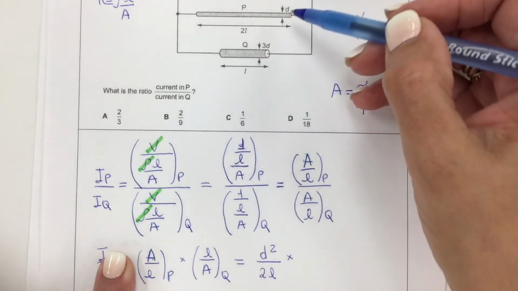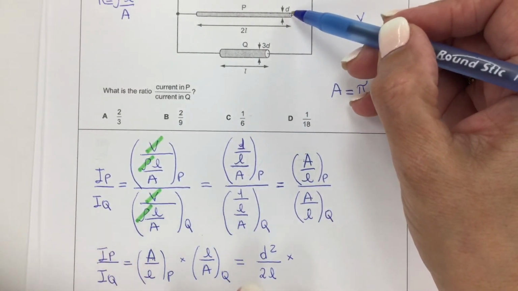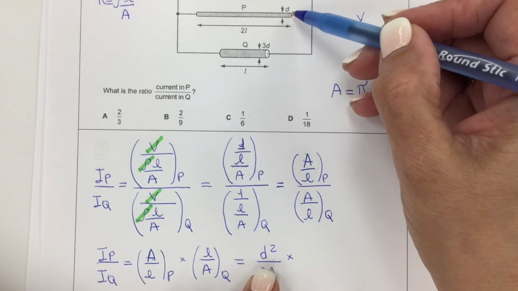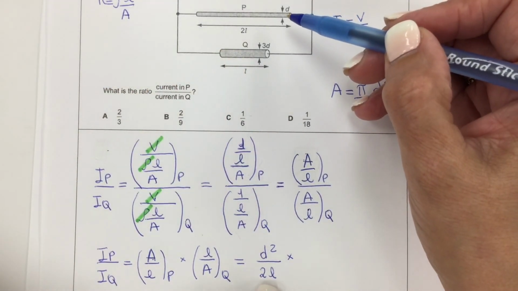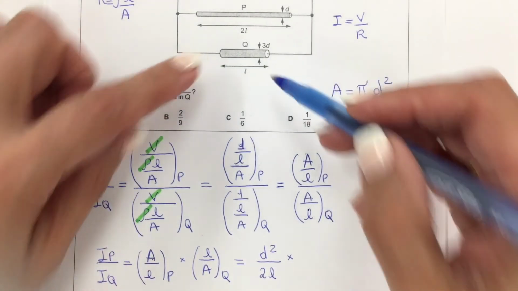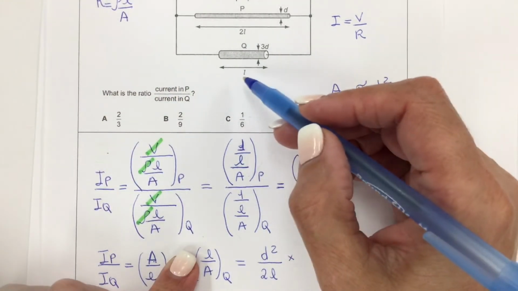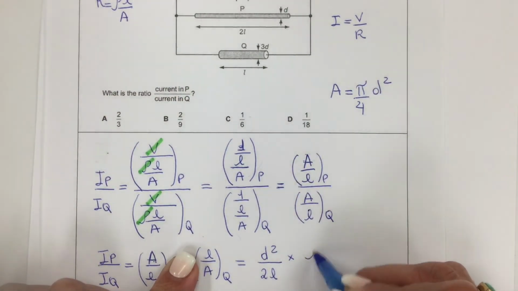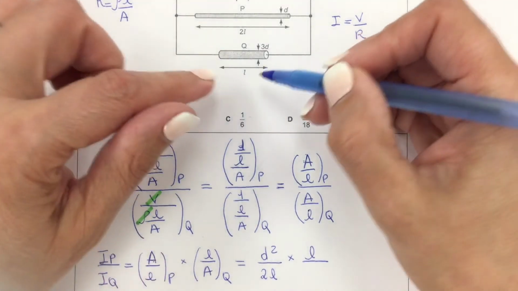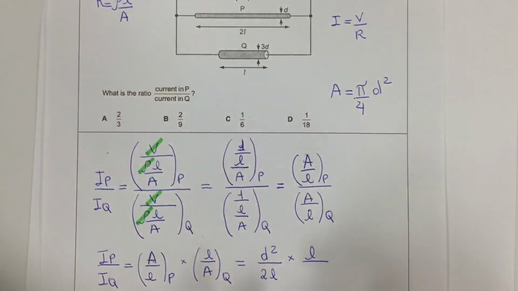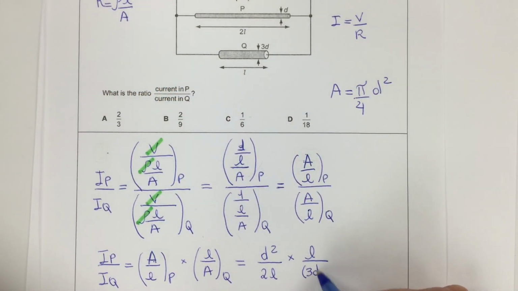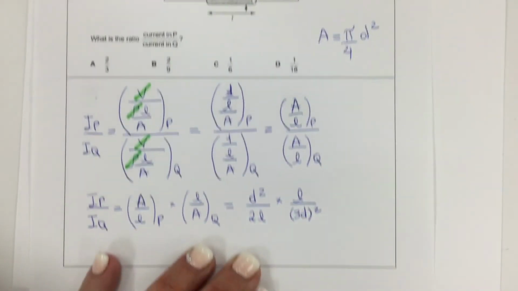So my A for P is just D squared. And my L for P is 2 times L. Now for Q, my L is just L. And my area will be 3D squared.